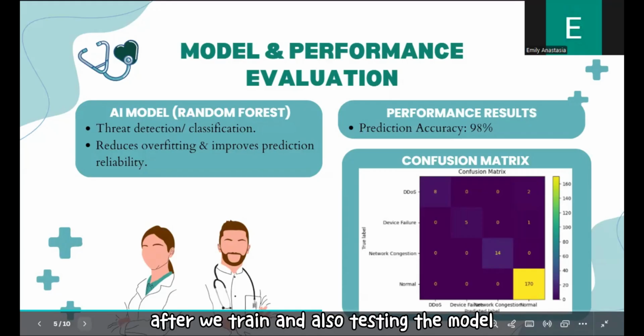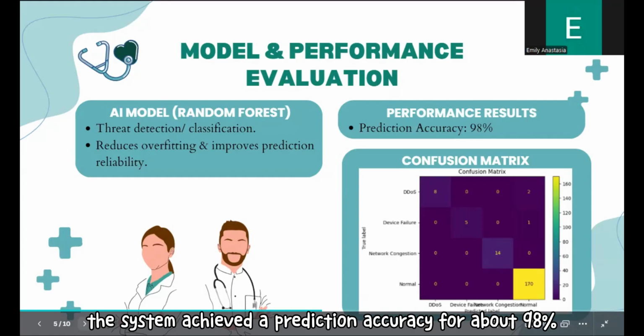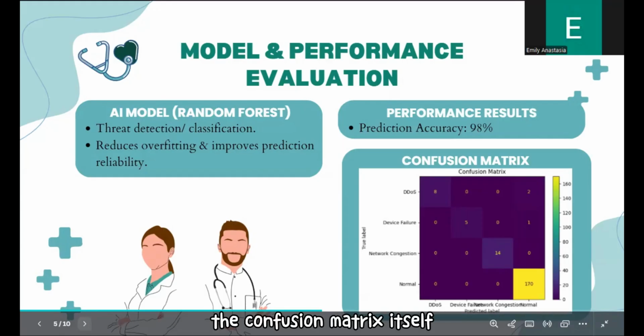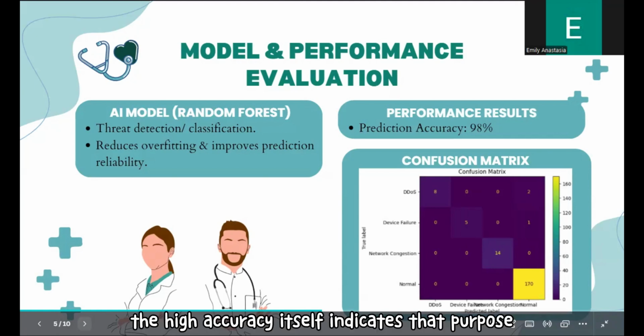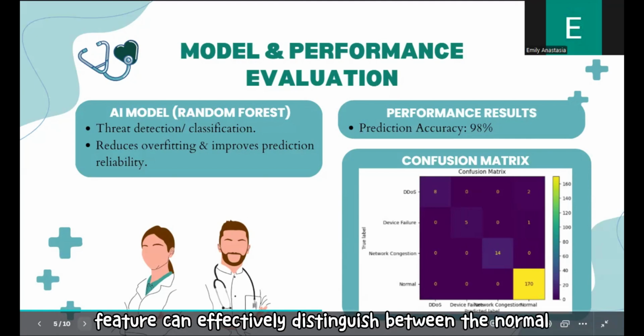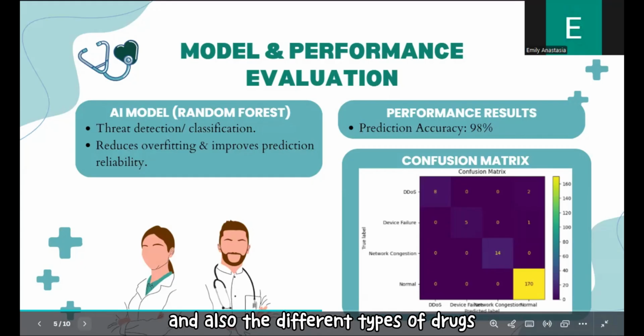After training and testing the model, the system achieved a prediction accuracy of about 98%. The confusion matrix shown here demonstrates that most of the instances were classified correctly across all of the categories. The high accuracy indicates that the proposed framework can effectively distinguish between normal conditions and the different types of threats.